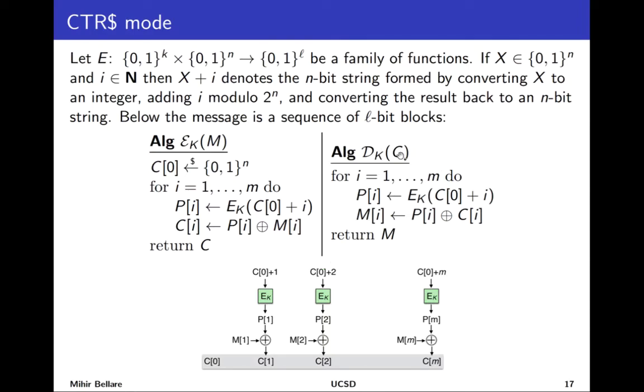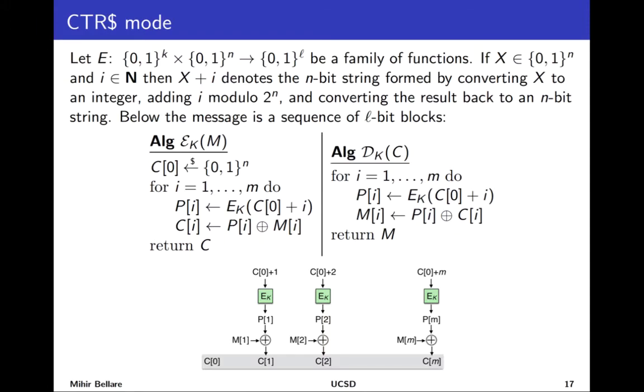The decryptor gets the ciphertext, which is all of this stuff. So it has C0. It can thus create this sequence. This is just deterministically created from C0. And it has the key, so it can run E sub k. It has to only run that in the forward direction. There isn't any backward direction. It'll get all these pads. Now if it XORs C1 with this pad, it gets back M1. C2 with this pad gets back M2, and so forth. And that's what this code over here does.